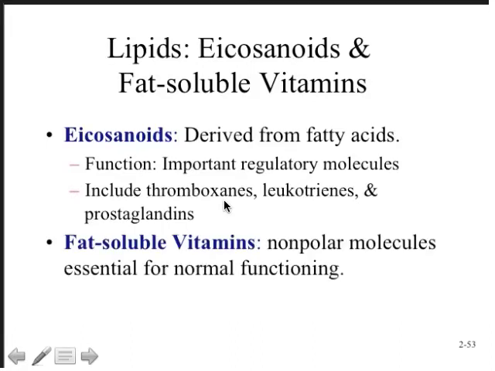There are also fat-soluble vitamins, A, D, E, and K, which we consume in our diet. These are nonpolar molecules that serve as tools for enzymes to perform certain metabolic functions. And this is why we have to eat our vitamins in our diet, so that metabolic reactions can occur. If you have an enzyme without a tool, you essentially have a non-functioning enzyme.